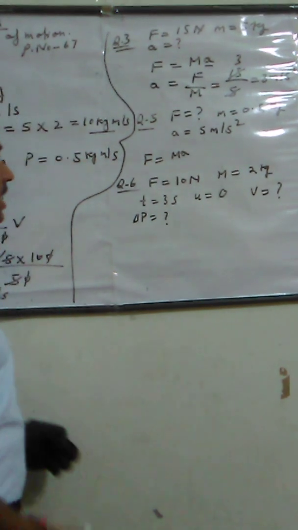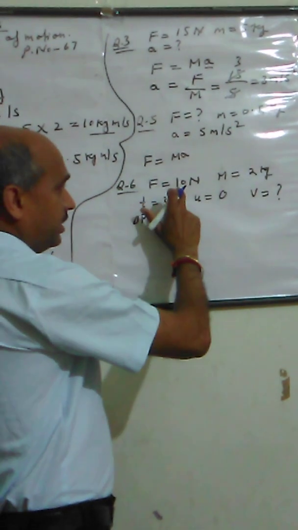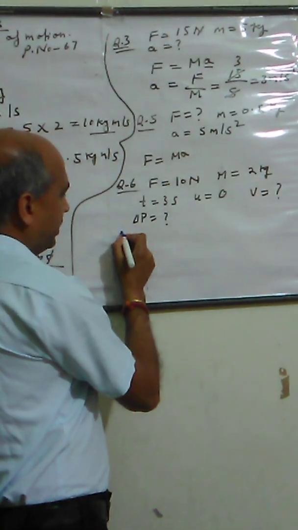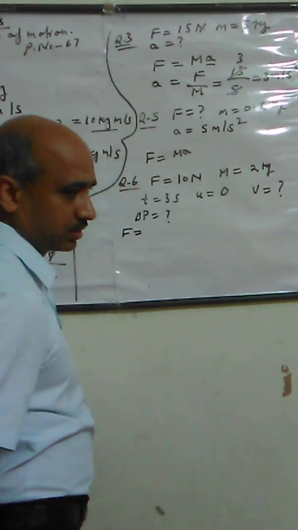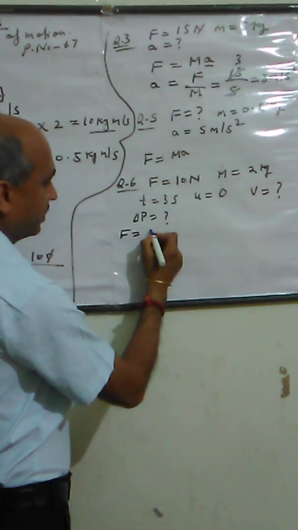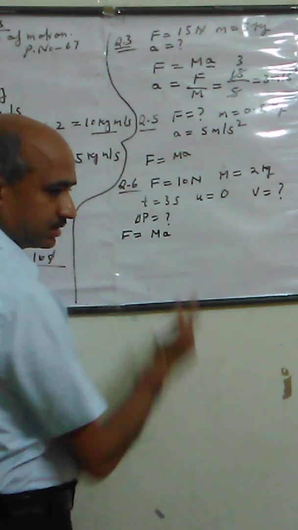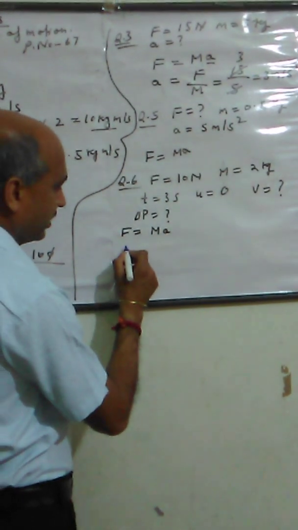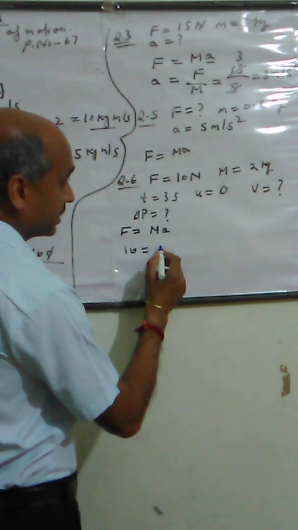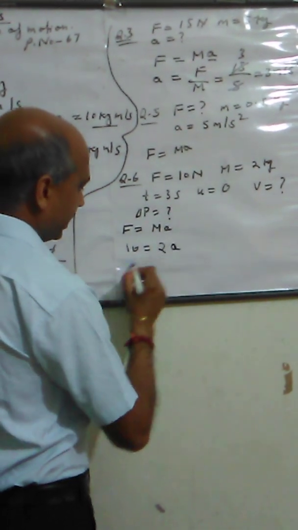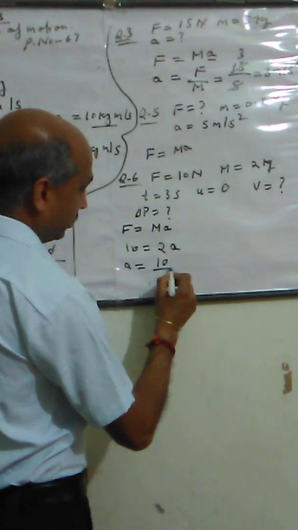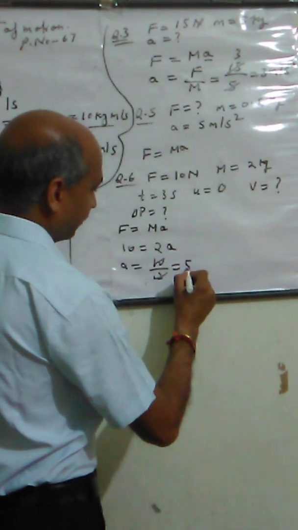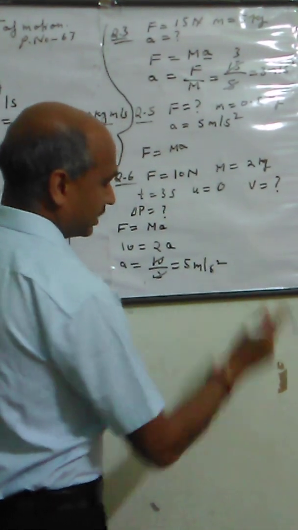These are the things which are given to you. First of all, the force is 10 Newton and the mass is 2 kg, so let us find the value of acceleration. According to the second law, F equals ma. Force is 10 Newton, mass is 2 kg, into a. So from here a equals 10 by 2, which gives 5 meters per second squared. This is the acceleration.